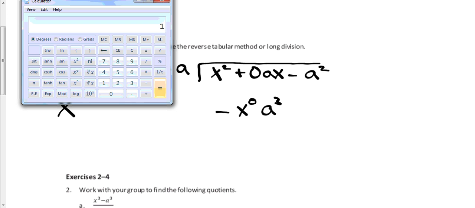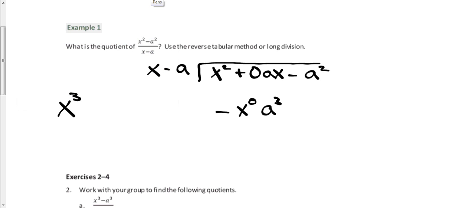Look at that. How about 100 to the 0 power? Okay. So x to the 0, as long as x is not 0, that is 1.